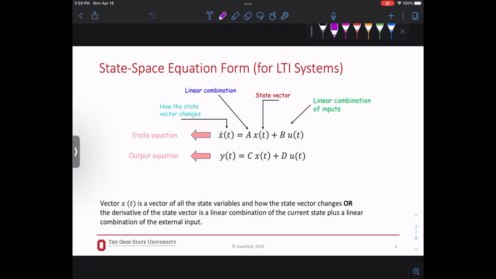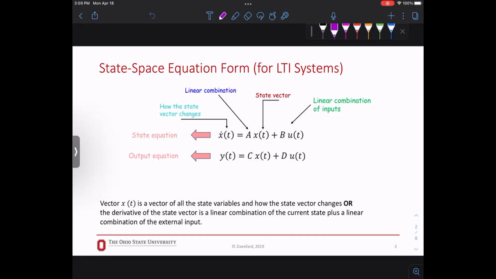Our second equation is our output equation, which depends on you as engineers, on what you want to look at or measure, or whether you have the ability to measure something in your system or not. Let's say you're trying to measure position, but you don't have an encoder, so you're not actually measuring the position.